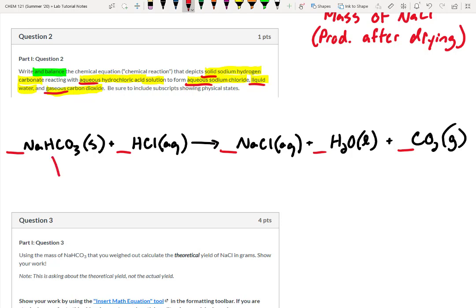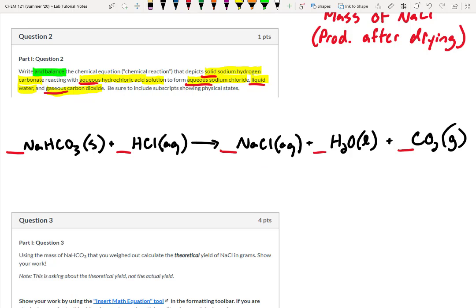I see that I've got 2 hydrogens here, and I've got 2 hydrogens here, so the hydrogens are balanced. I've got 1 carbon here, 1 carbon here, so the carbons are balanced. I've got 3 oxygens here, and then on this side, I've got 1 oxygen in water, and 2 in CO2, so I've got 3 on the right side as well. And then last but not least, I've got 1 chlorine and 1 chlorine. So the reality is, it is balanced the way it's drawn.